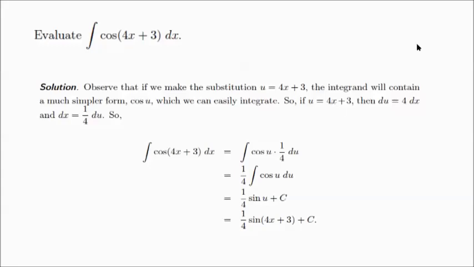So hopefully hindi na nahihirapan sa pagkuha ng derivative class. So hindi pwedeng mauna yung integration sa derivative. Kaya na-discuss natin yung derivative, di ba? So sa integration, kailangan yung knowledge sa pag-derive. Okay, so 4 dx. And then, yung dx is equal to 1 over 4 du from here.